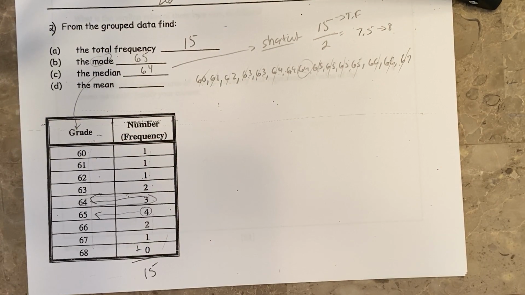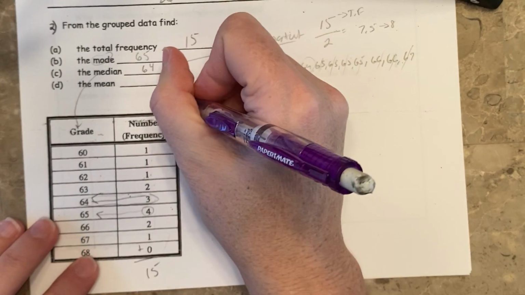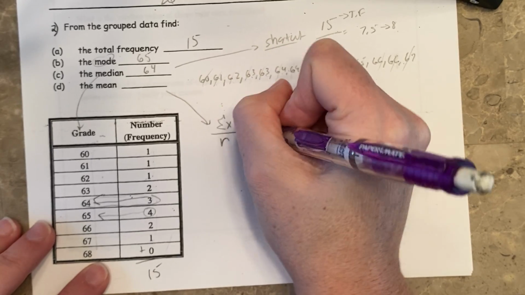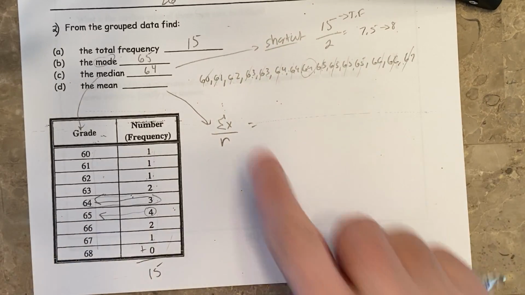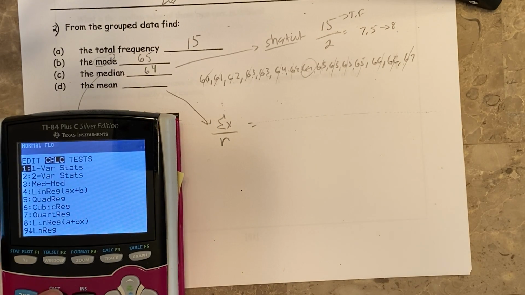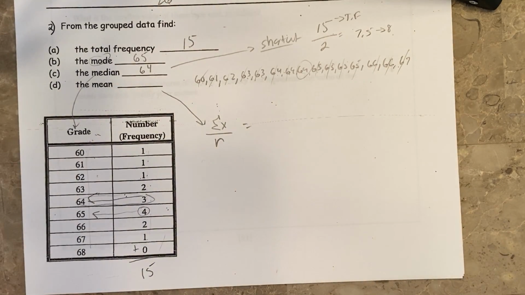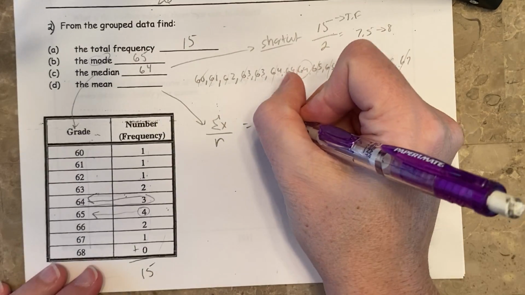All right, so the last one is going to be your mean. I'll show this to you two ways. To get your mean, it's going to be the sum over how many you have. So you're going to add up all those numbers, and you should get 960.